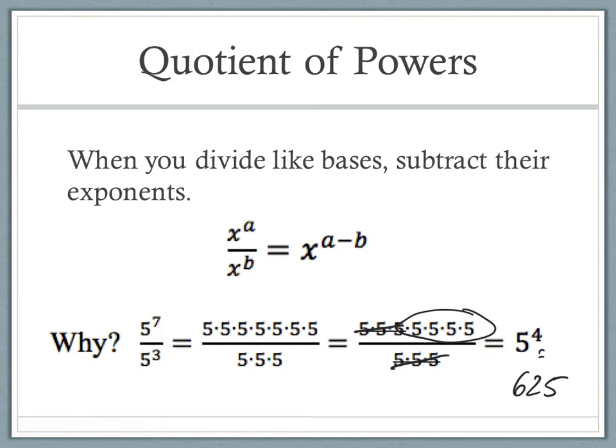Or if we say 7 minus 3, that would be 4, so 5 to the fourth. Now, you just have to be careful when you subtract because you might get a negative, and we'll talk about what negative exponents do. I think it's sometimes easier just to cross off matching terms on top and bottom.